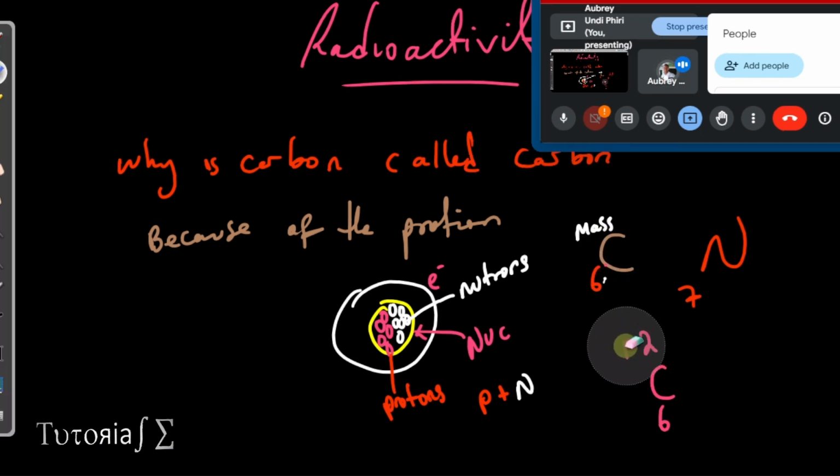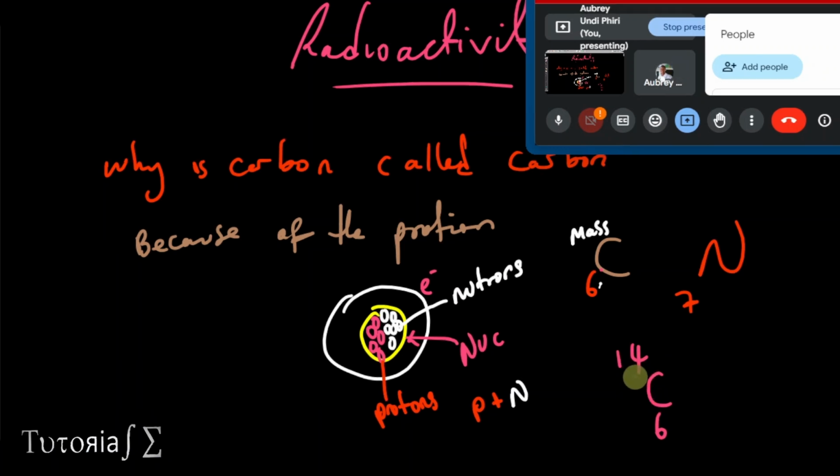Sometimes you'll be given carbon like this, say with 14 there. They can ask you how many neutrons this element has, not the mass number. Let's identify how many protons it has: 6.